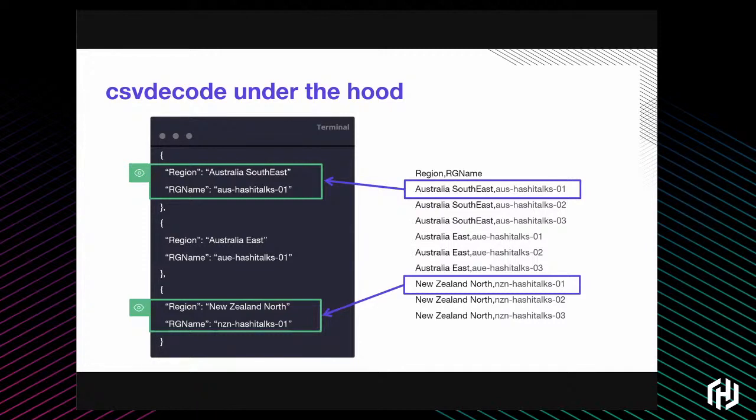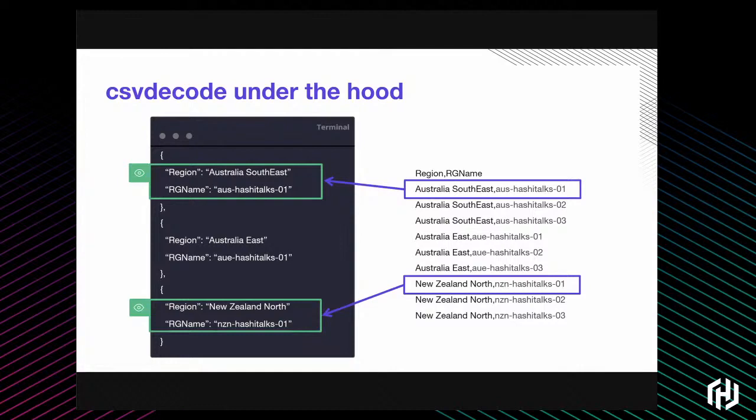So you can see here on the right is the native CSV type data. Not pretty or anything, but it is, I guess, digestible for this slide. On the left is what you get as an output when you run CSV decode using that data. So you can see how it organizes the data into maps.